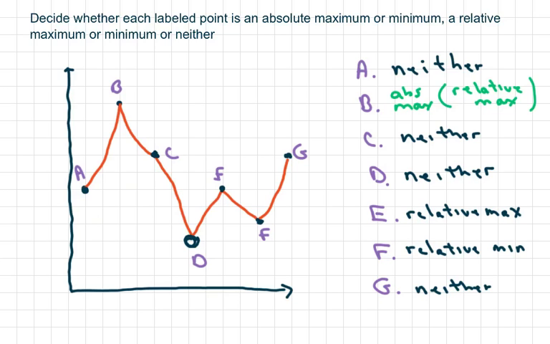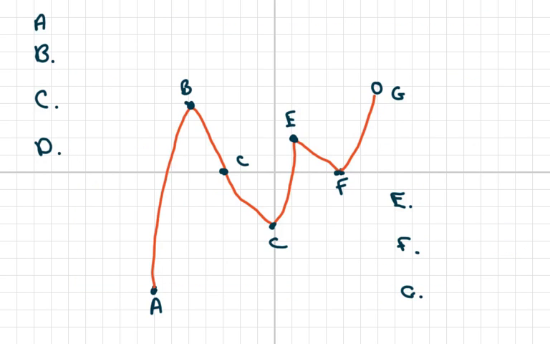Okay, let's look at the next one. We have one more. So again, A and G are going to be neither, because we don't have a left side for the A and we don't have a right side for the G, plus G is open. So A is neither and G is neither.